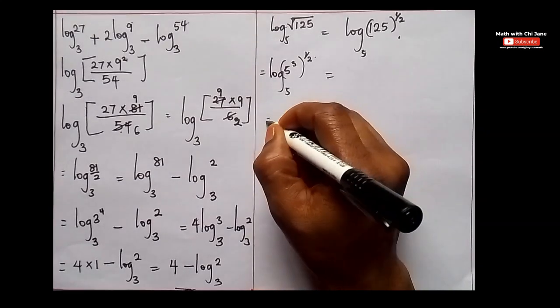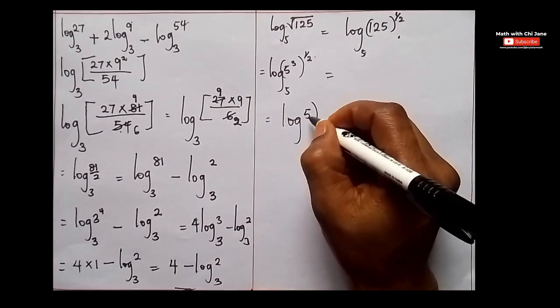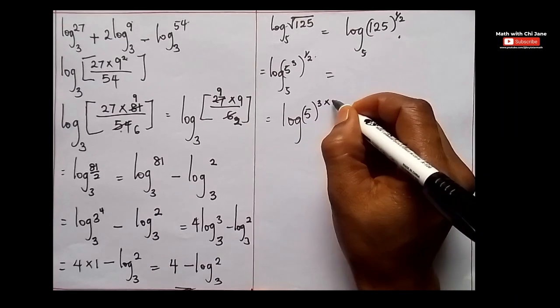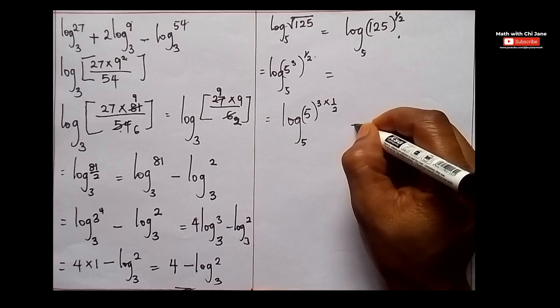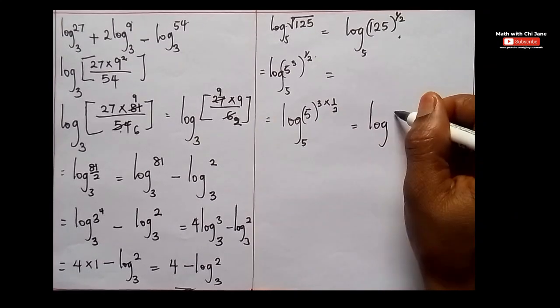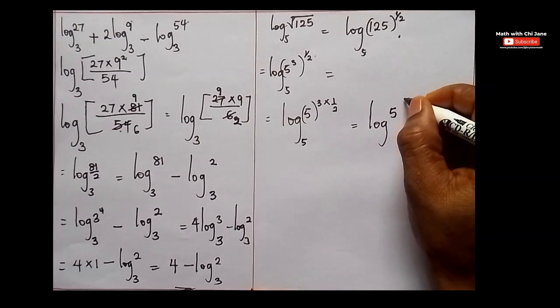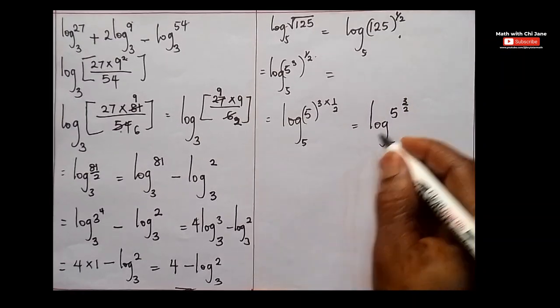So we have log base 5 of 3 multiplied by 1 over 2, and when they multiply each other, it becomes log 5 raised to the power of 3 over 2.